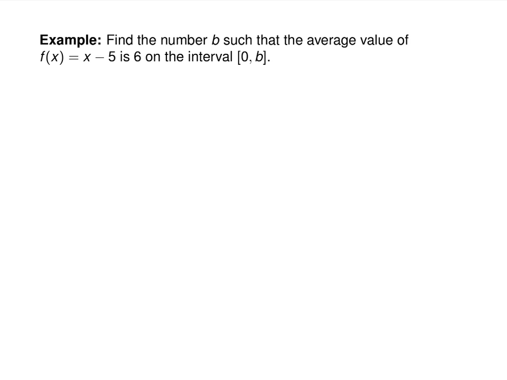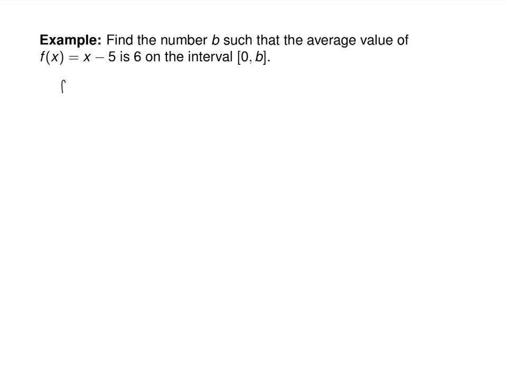And another sort of little puzzle. Suppose you know that the average value you want is 6, and you need to figure out how long to make your interval. So find the number b such that the average value of f of x equals x minus 5 is 6 on the interval from 0 to b.